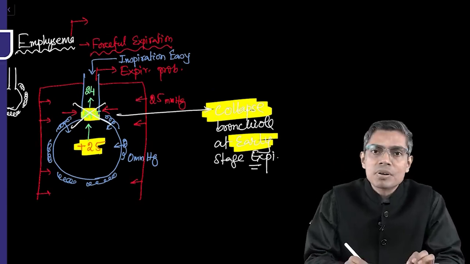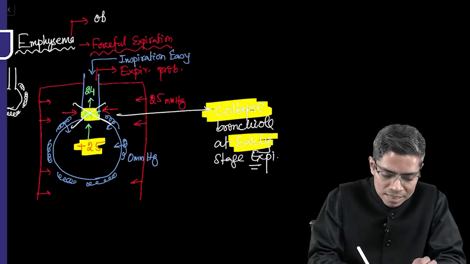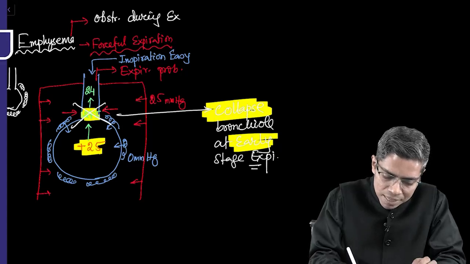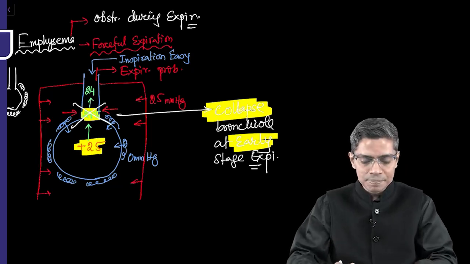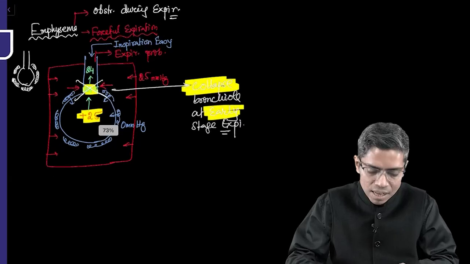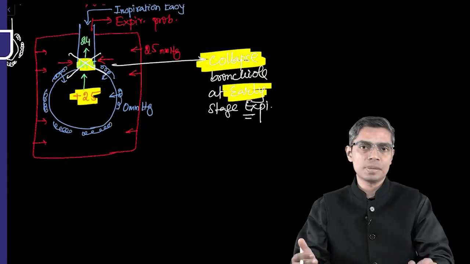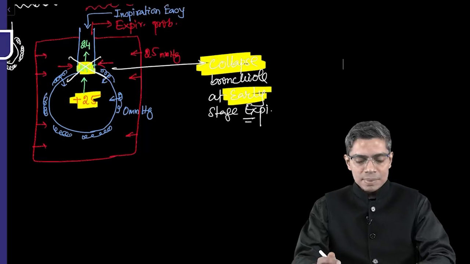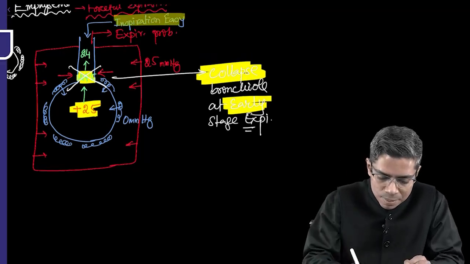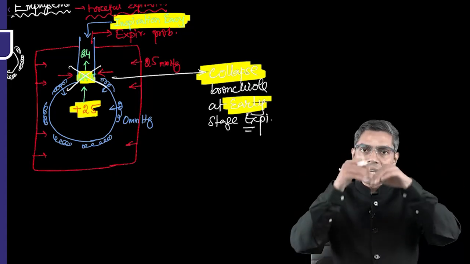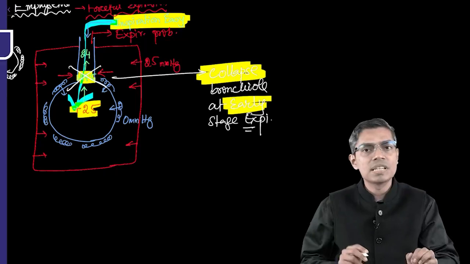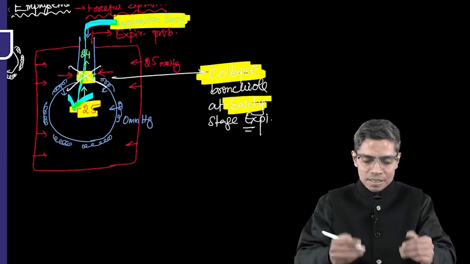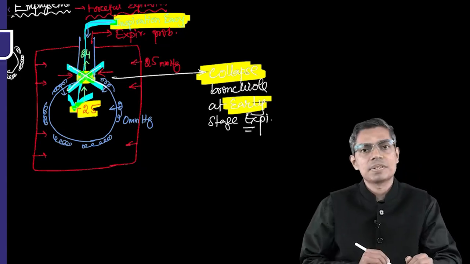So how to remember obstructive disease? You have to remember it like this: there is obstruction of the airways during expiration, and this obstruction is occurring at the early stage of expiration. So if the subject takes a deep inspiration, a huge amount of air will enter the lung, but during expiration there is collapse.